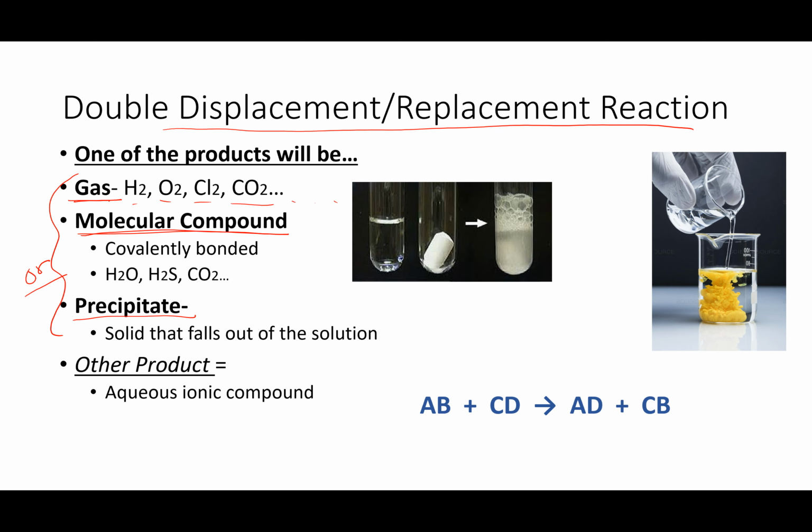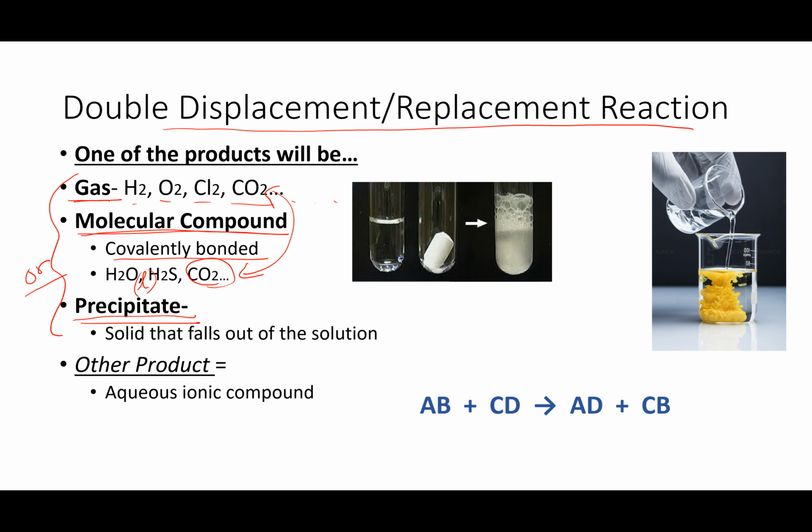Sometimes it's going to be a molecular compound, meaning something that was covalently bonded. It could be a gas like carbon dioxide, so it could be both a gas and a molecular compound. Or it can sometimes be a liquid like liquid water. And sometimes it's a solid, and we call those solids precipitates.